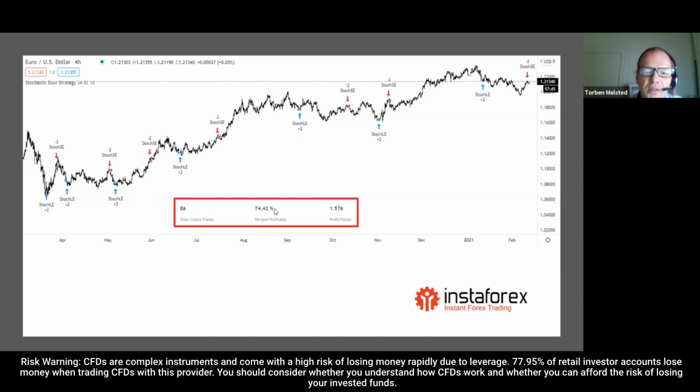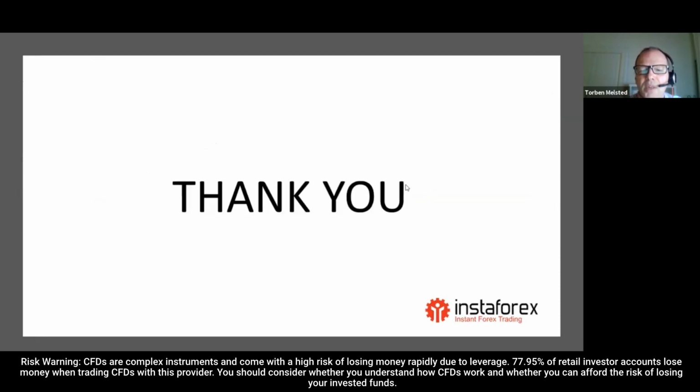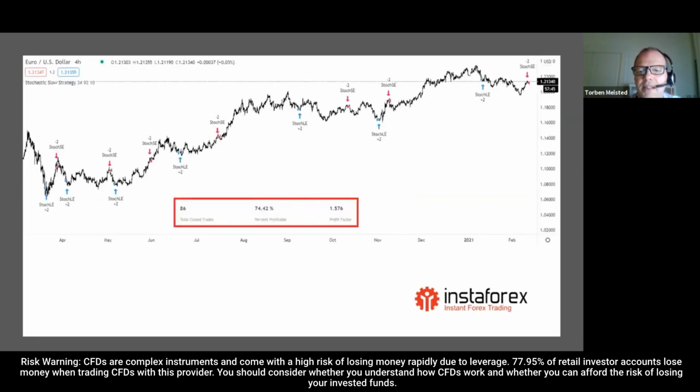Of those, 74% were in profit, and the profit factor was 1.5. So for every loss you have 1.5 in plus. So it would have been a pretty good system working this way. This is what I would like to present.